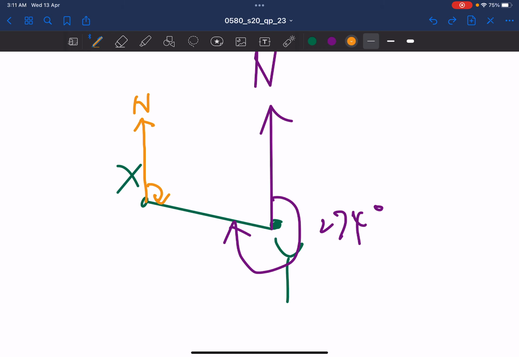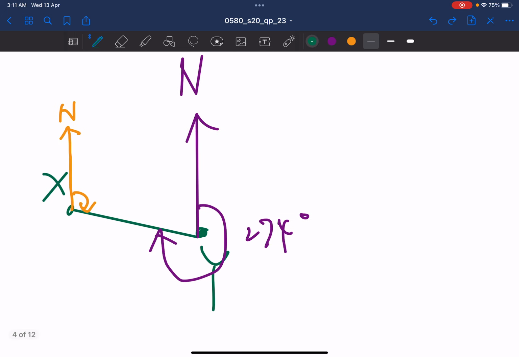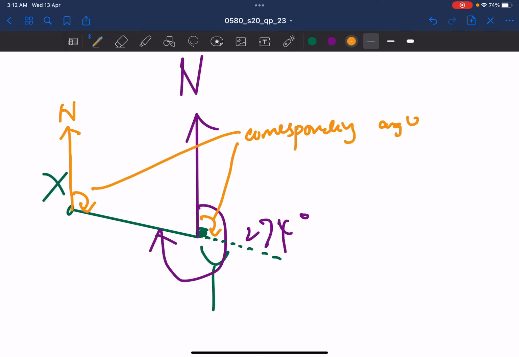If we extend this line, this angle and this angle are the same, because of corresponding angles. These two lines are parallel.